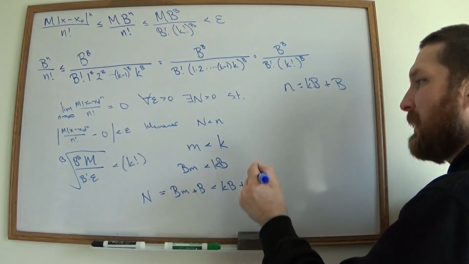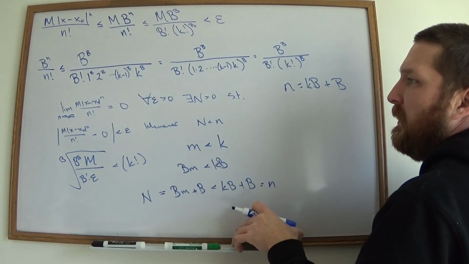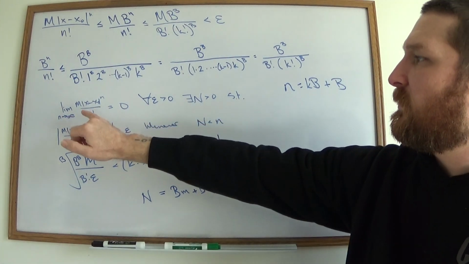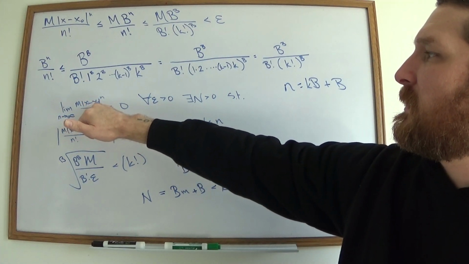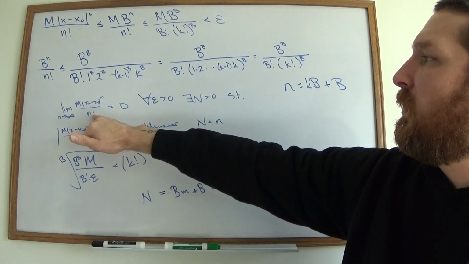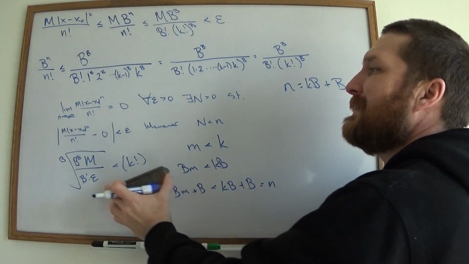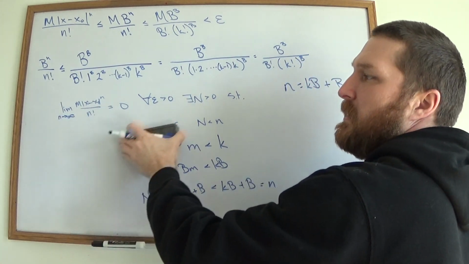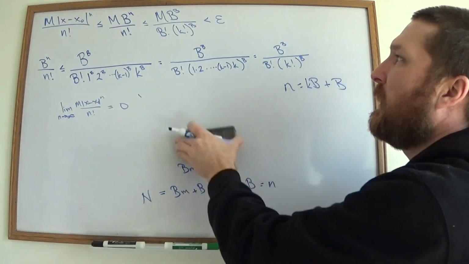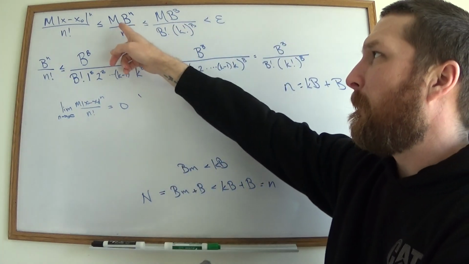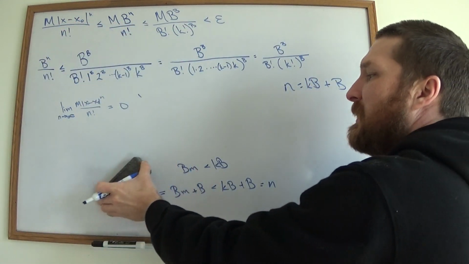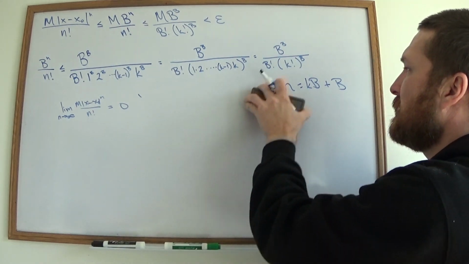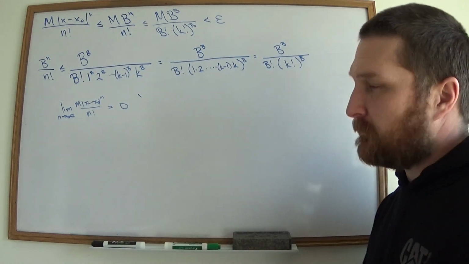So it is the case that the limit as n goes to infinity of m times the absolute value of x minus x0, raised to the n, all over n factorial is indeed equal to 0. No matter how big that difference in absolute value is, that is true.